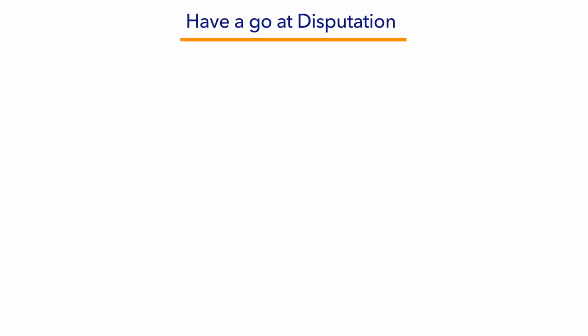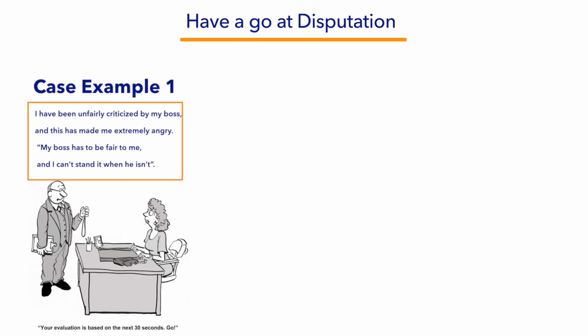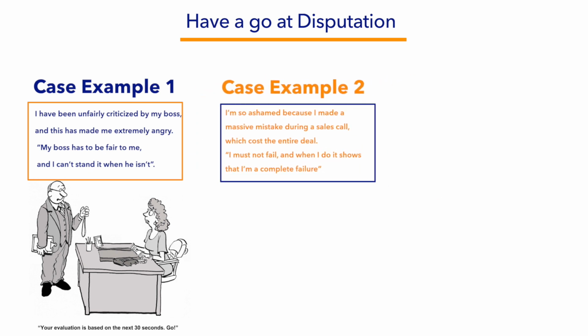Okay, so grab your pen and paper and have a go at reframing these statements to create more rational beliefs. Case example 1. I've been unfairly criticised by my boss and this has made me extremely angry. My boss has to be fair to me and I can't stand it when he isn't. Case example 2.